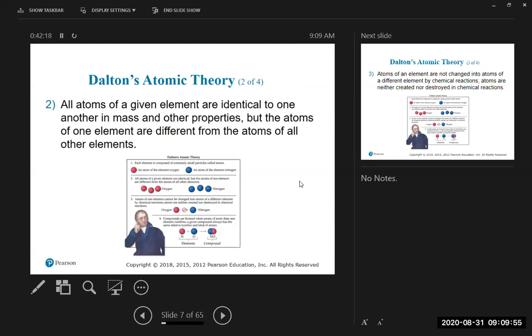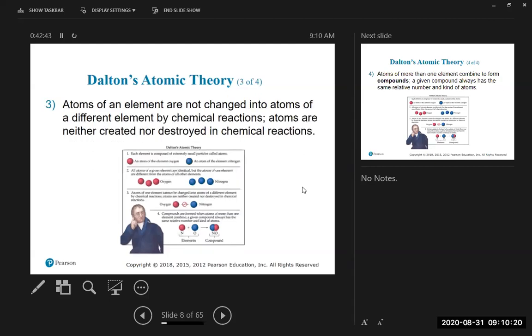And so what all this is telling us is every hydrogen atom is the same. Every oxygen atom is the same. Every carbon atom is the same as the other ones. But the hydrogen atom is going to be different than the carbon atom, which is going to be different than the oxygen atom. And so, once again, the key thing to have as a basis.